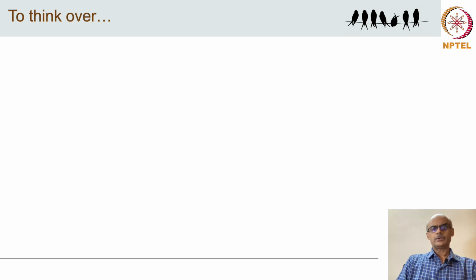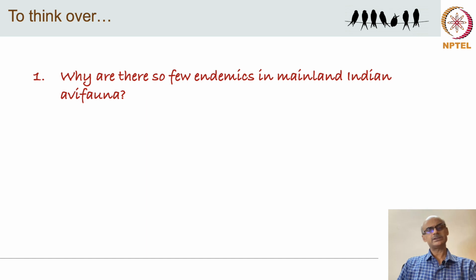So, before we finish this talk, there are a couple of questions for you to think over. The first is that I said that there are 78 species of birds endemic to India, right? But even if you exclude the 29 species of Andaman and Nicobar, that means only 49, only about 50 species in the Indian mainland are actually endemic to India.